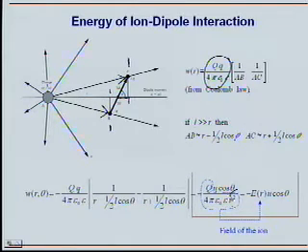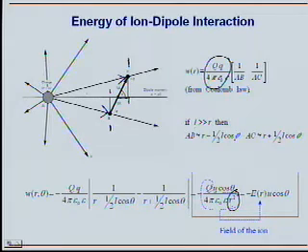One thing that's important, however, is to compare this with Coulomb's law. What's the difference with Coulomb's law? Right. Now which interaction is going to be long ranged, Coulomb's interaction or dipole-ion interaction?